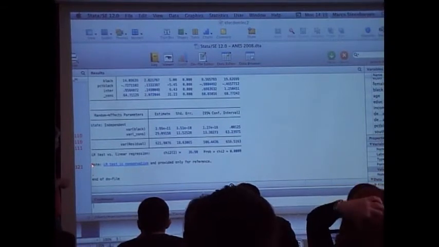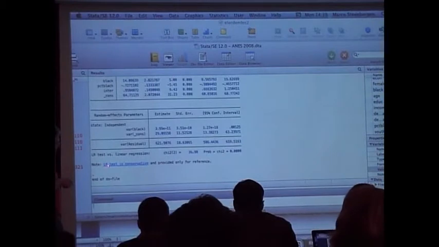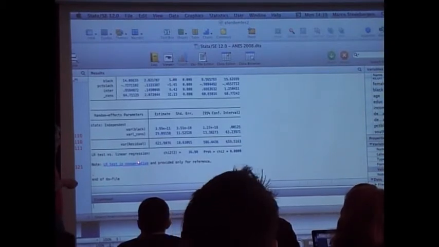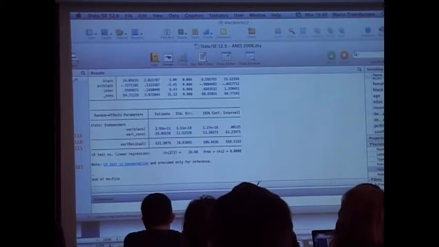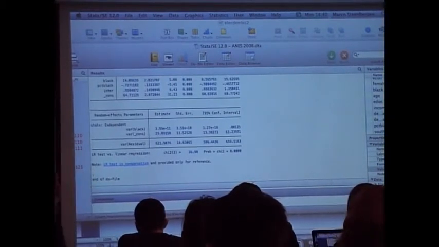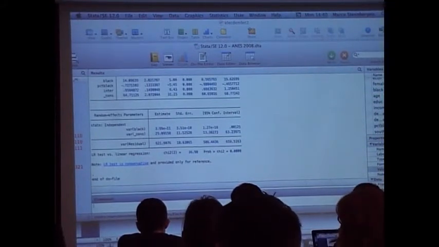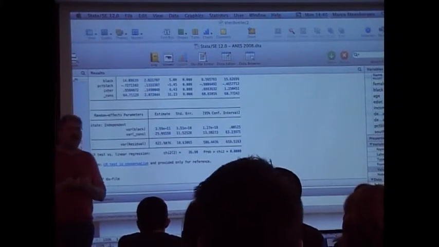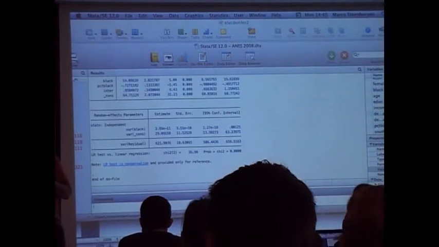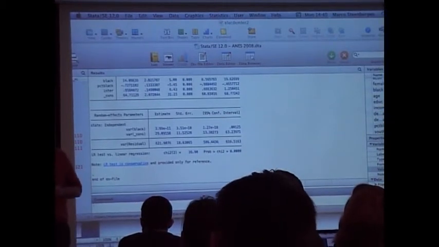Now, here's a little point that I want to pay attention to. It says the likelihood ratio test is conservative, and that's true. Because when you are testing just variances, it gets a little bit different than when you also test covariances. When you just test variances, the deviations from the null hypothesis, the deviations from zero, can only go in one direction.